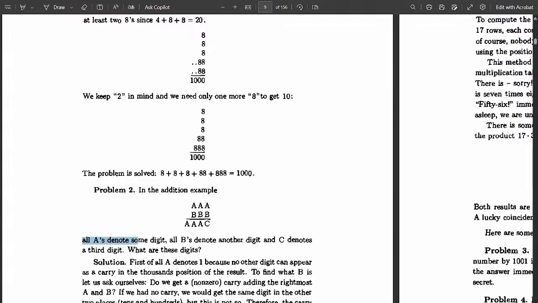All A denotes some digit, all B denotes another digit, and C denotes the third digit. What are these digits? They want to say that A plus B gives us C. Adding two numbers and getting different results is obviously not possible.